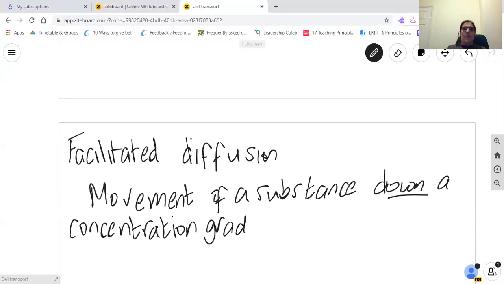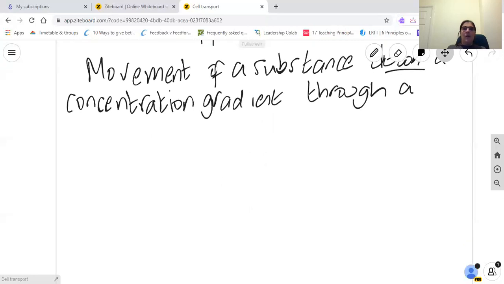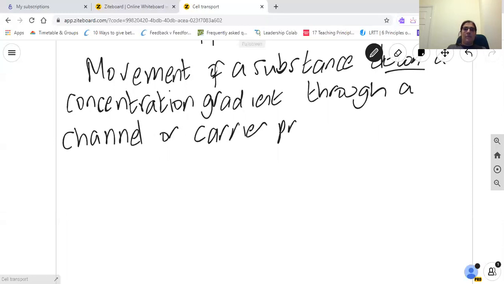But this time, we're going through either a channel or carrier protein? Now, what do we mean by a channel or carrier protein?